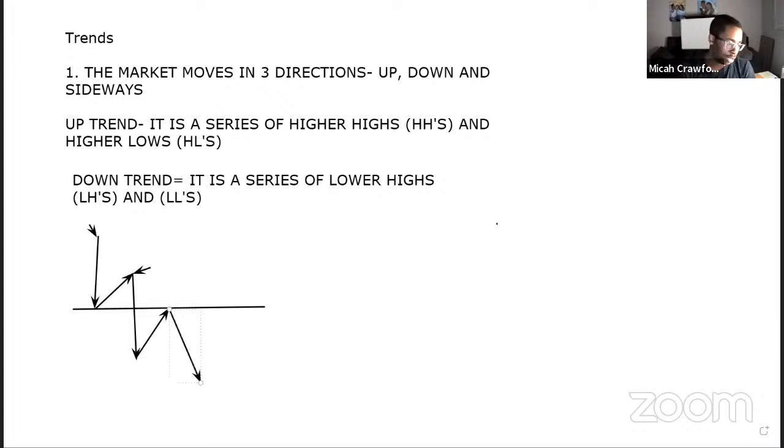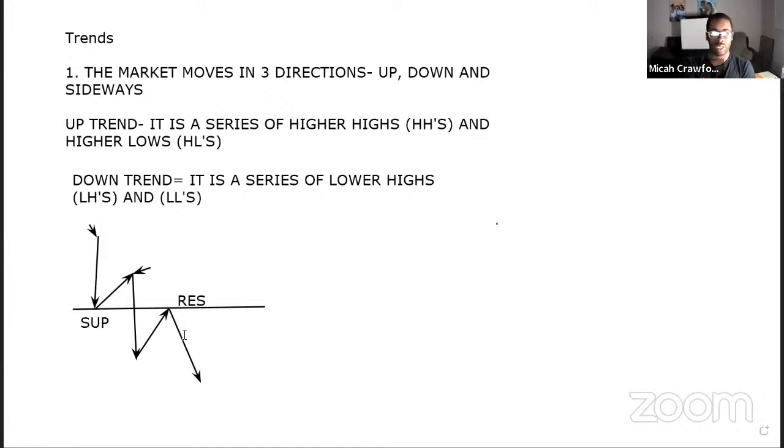So if we just write on here, SUP stands for support, RES stands for resistance. That's for a few months of trading. That's how I learned how to spot trends. It's just using terminologies like support and resistance.